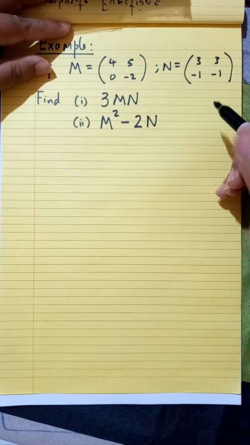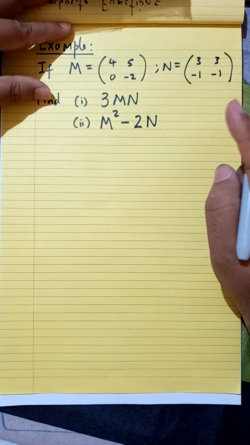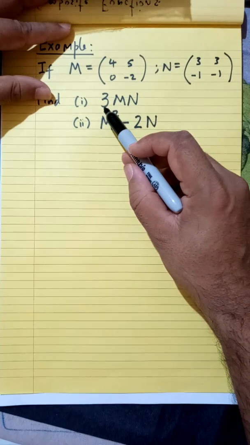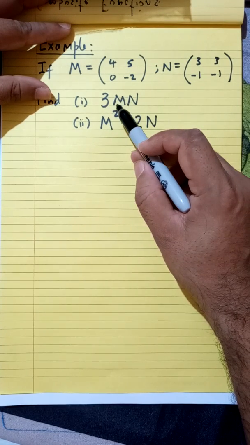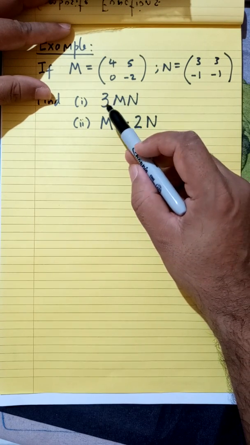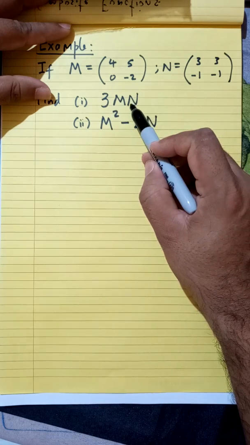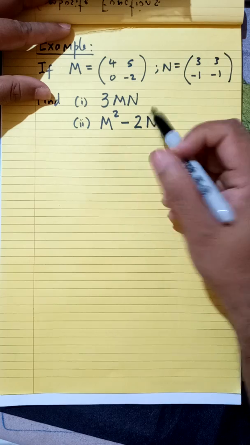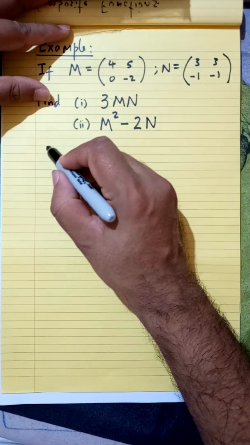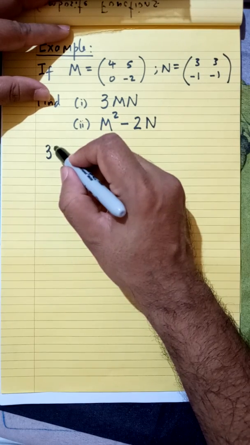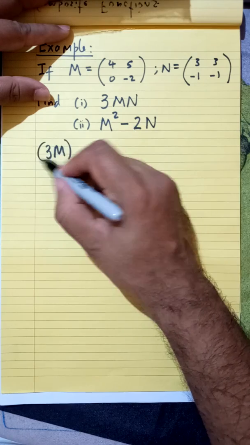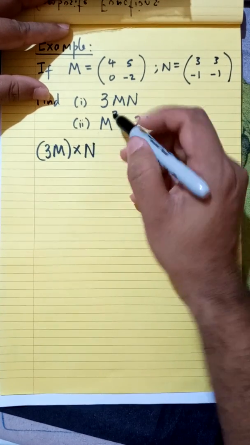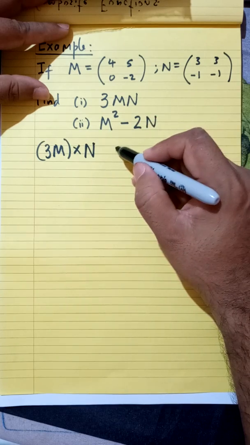Let me tell you what you should not do. Don't multiply 3 times m and then 3 times n and then multiply that. Don't do that. What you can do is to work out 3m, and then when you get the answer for that, you multiply by the matrix n.